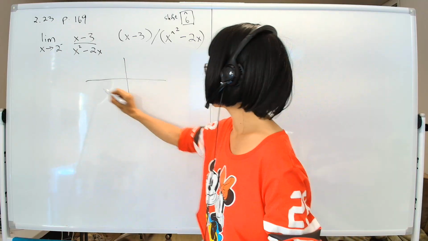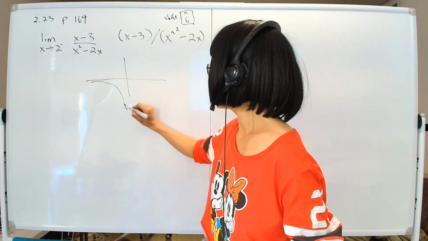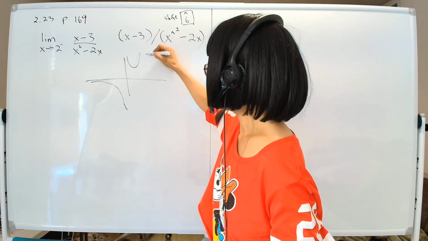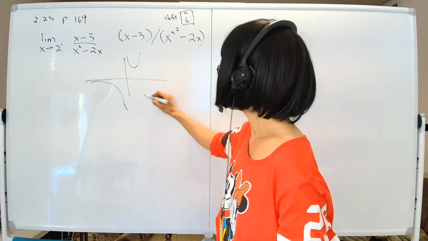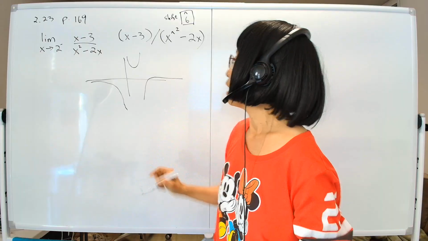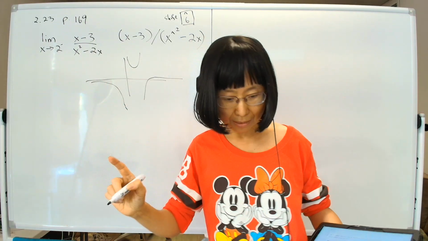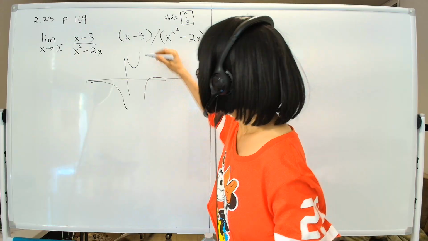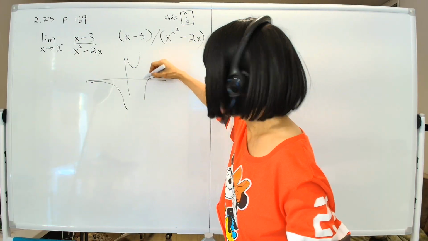Let's see. It goes down like that. This approaches an asymptote. That thing goes like this, and then here's another chunk that's going like this. All right. But all we care about is at 2. Where's 2? 2 is at this particular asymptote.